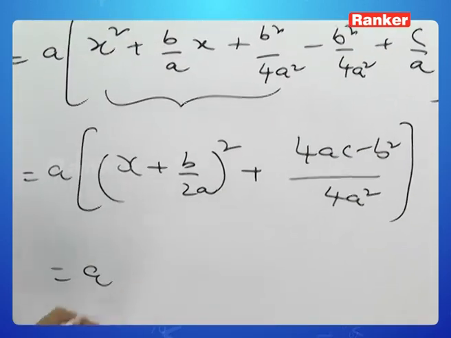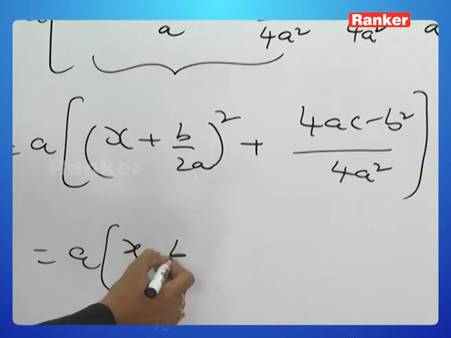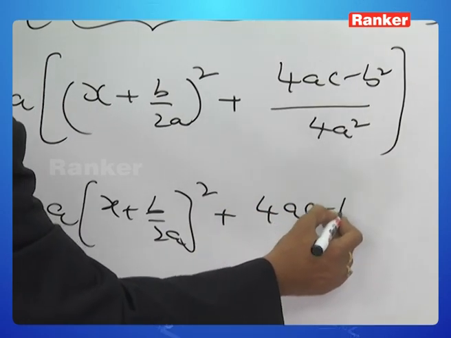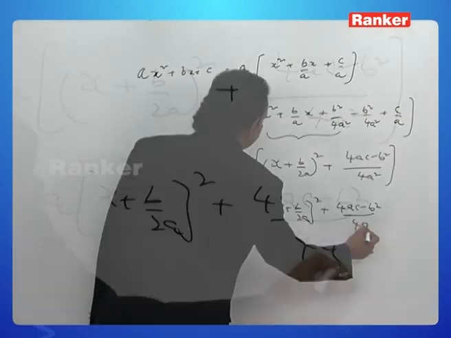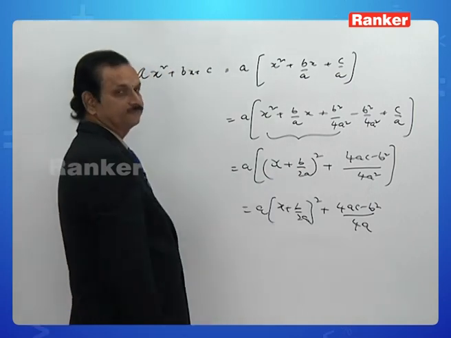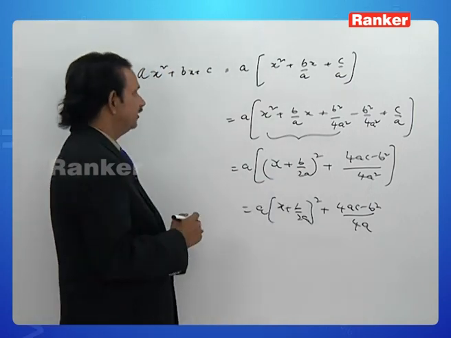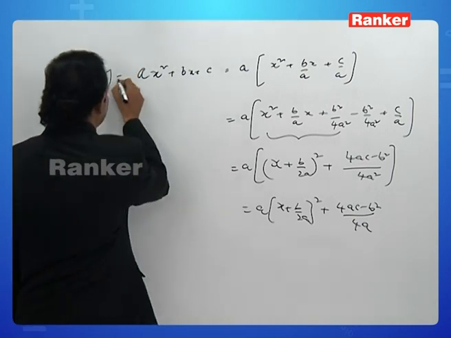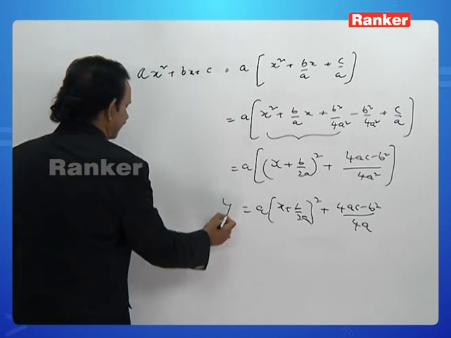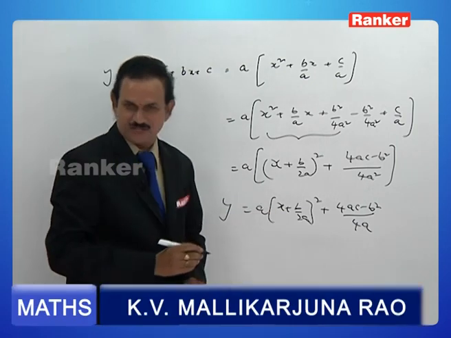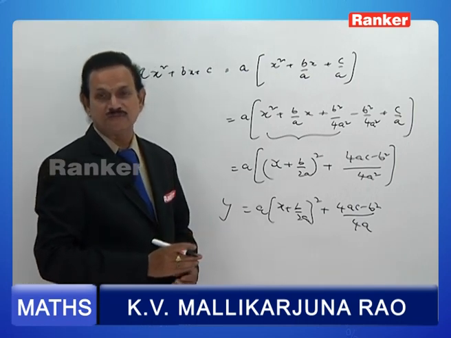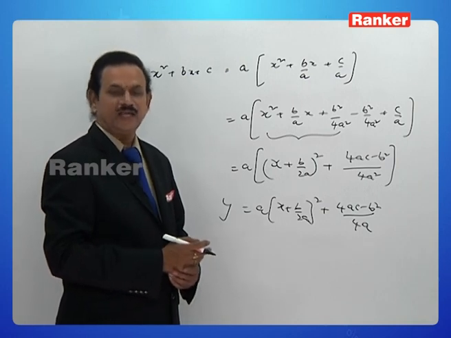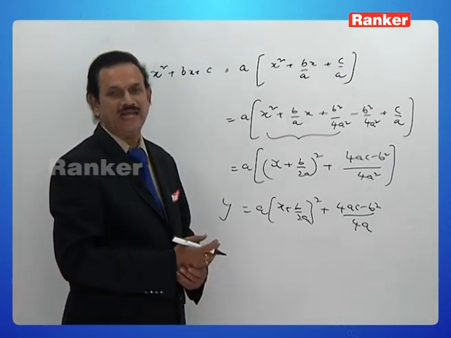Again, this is a into x plus b by 2a whole square plus 4ac minus b square by 4a square. With a suitable simplification, rather transformation, if you write this y is equal to etc., then it can be converted to the form x square is equal to 4ay, one of the standard forms of a parabola whose axis is either y-axis or parallel to y-axis.